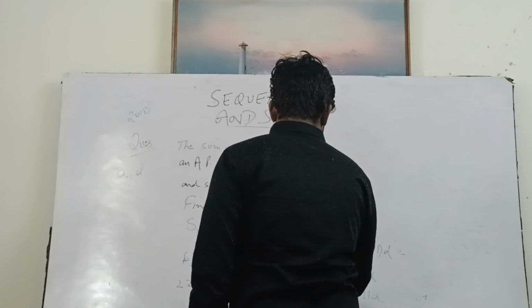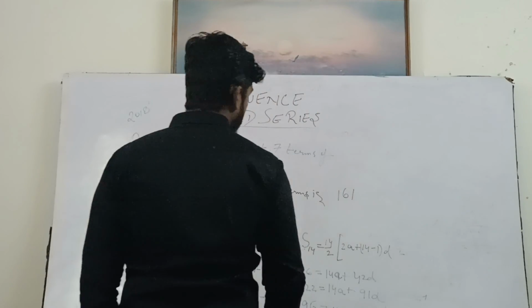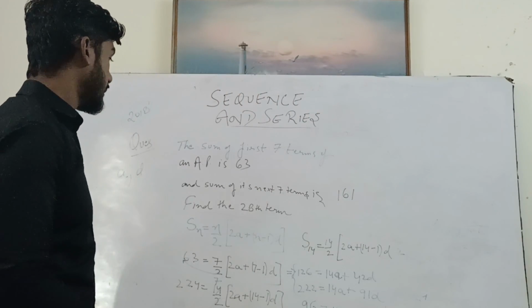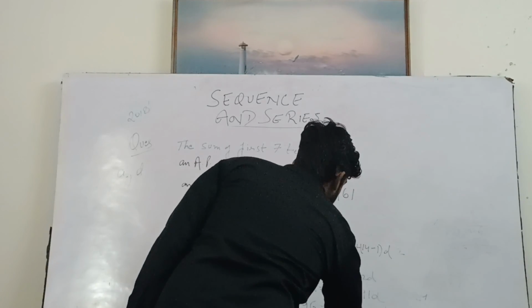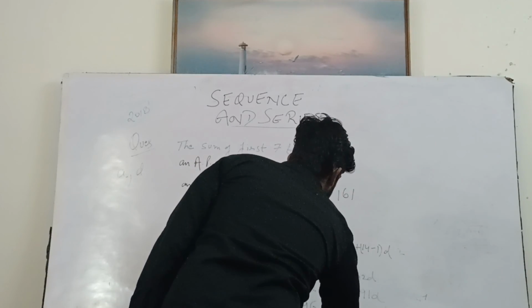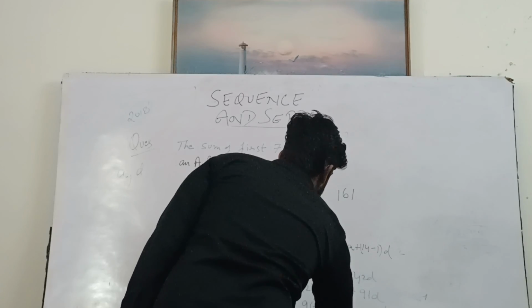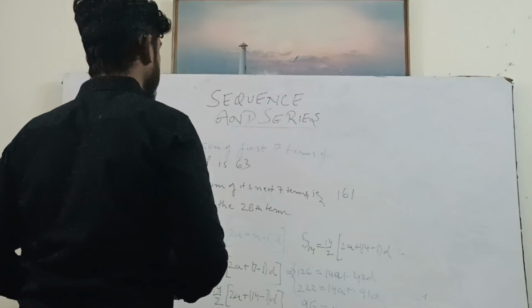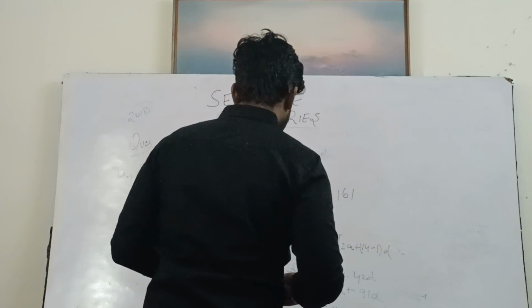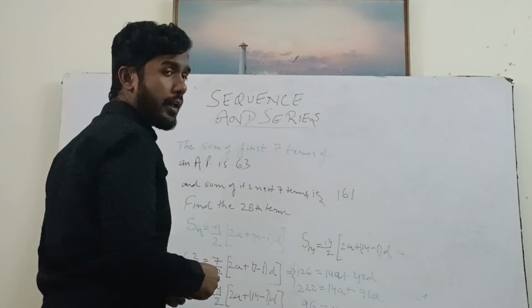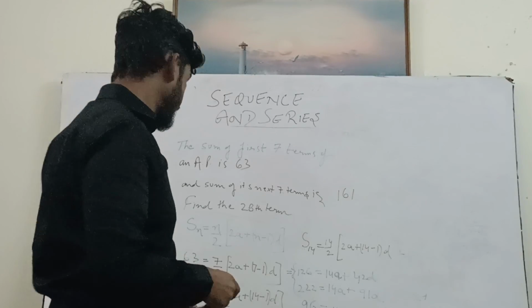Yes. And this is 224 minus 126, yes, 98. So 96 is equal to 49d. The value of d is what? 96 by 49. Is there any calculation error? So you can then calculate a, even a.